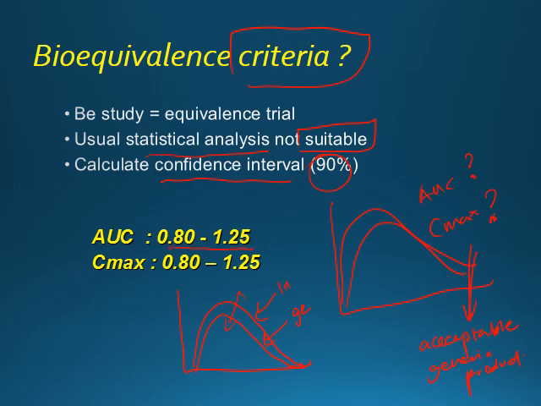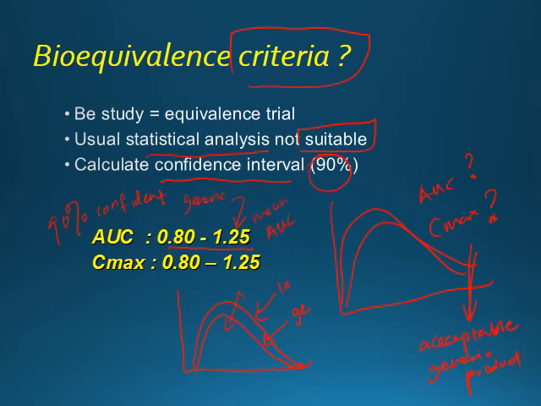This means we are 90% confident that taking this generic medicine will achieve 0.8 to 1.25 of the mean AUC.